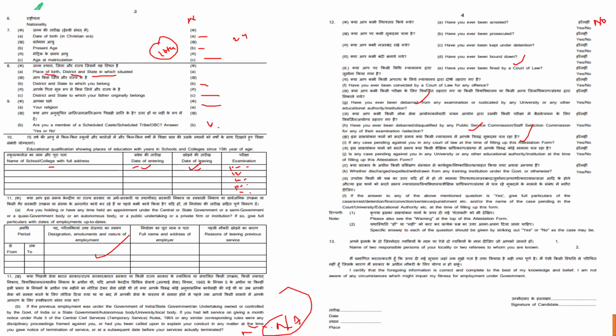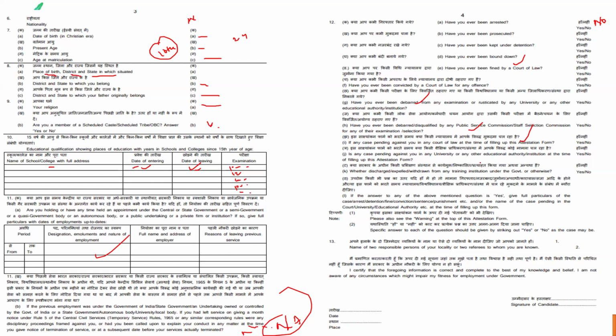Okay. Please also see the warning at the top of the attestation form. It means if you are suppressing anything, then you will be liable and responsible. A specific answer to each of the questions should be given by striking out yes or no as the case may be.